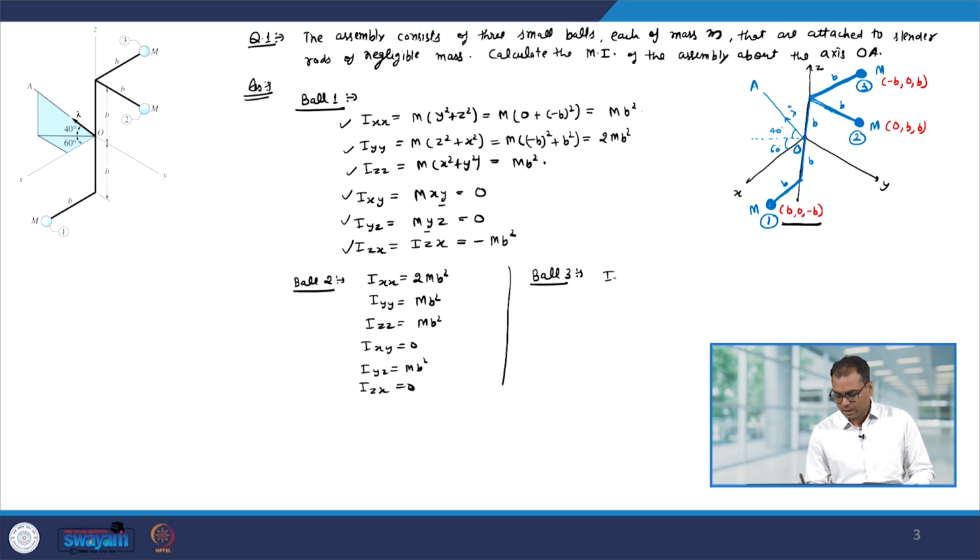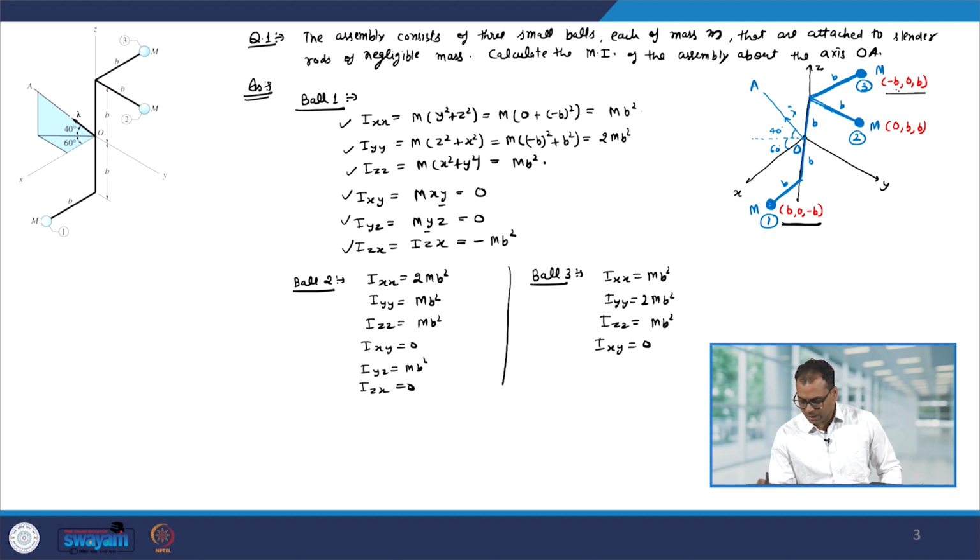Now, let us look at ball 3. Here I_xx will be m b square, I_yy will be 2 m b square, I_zz is equal to m b square, and I_xy will be 0. Why? Because for ball 3, I_xy will be equal to m x into y, but then y is equal to 0.